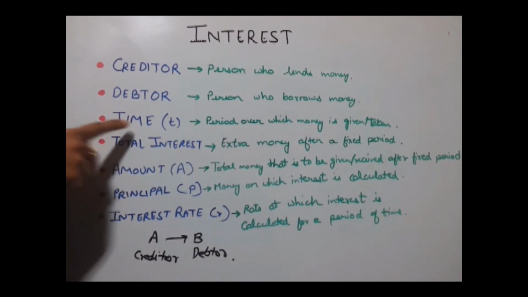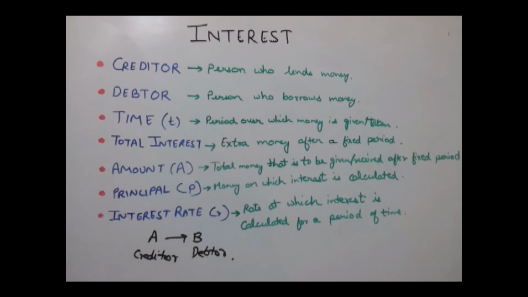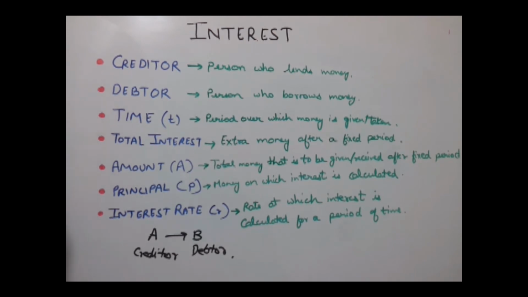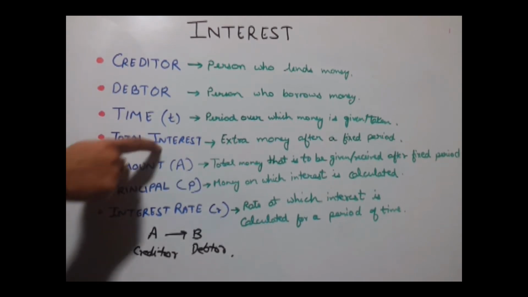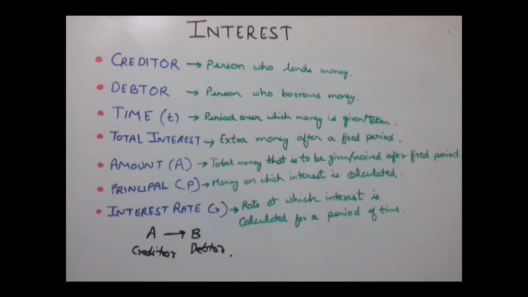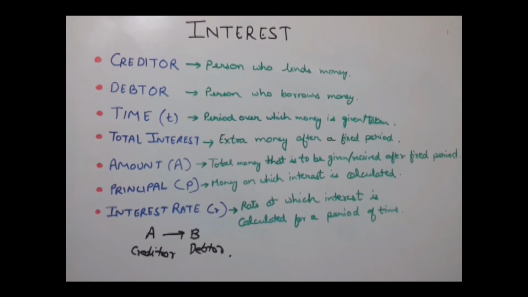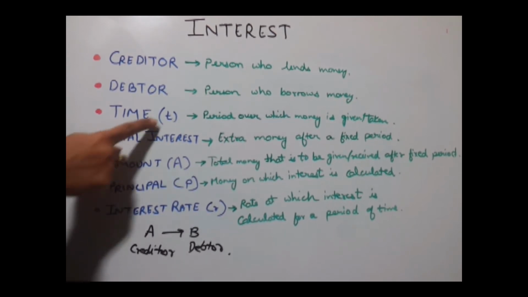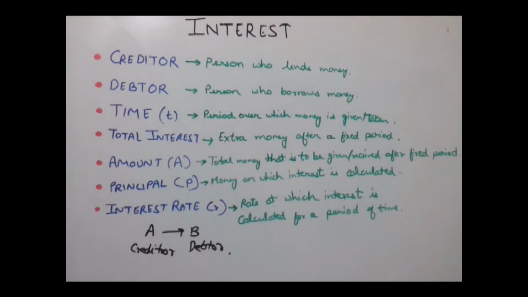Now, time, which is generally represented by T, is the period for which the money is given or taken. Say a creditor gives money for 1 year, then in this case T becomes 1 year. If the money is given or taken for 5 years or say 5.5 years, then 5 years and 5.5 years become T.